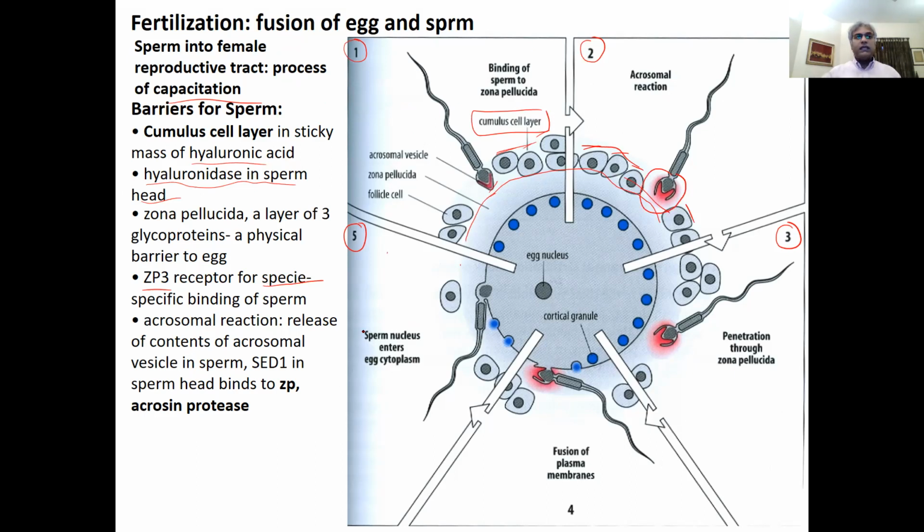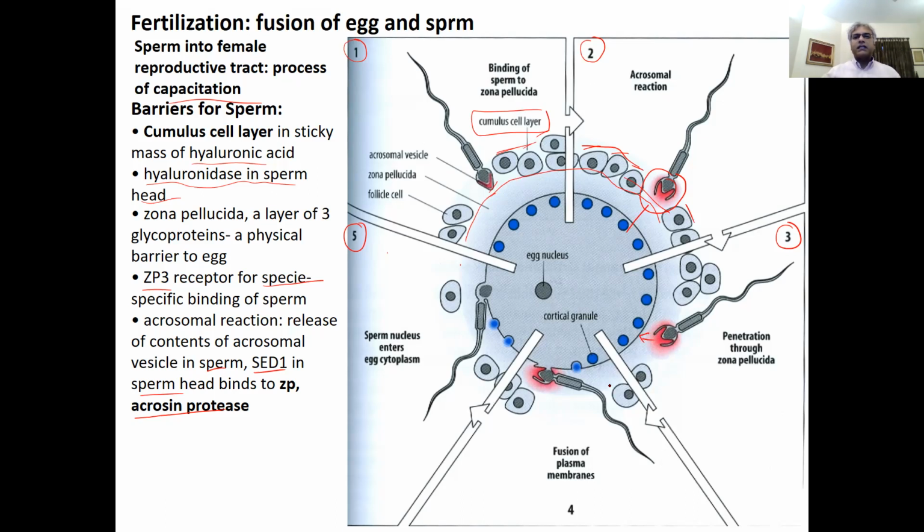These contents of the acrosomal vesicle in sperm contain SED1 in the sperm head that binds to the zona pellucida ZP3 receptor, and acrosin protease, which is shown here, is being released, and the sperm then penetrates through the zona pellucida.